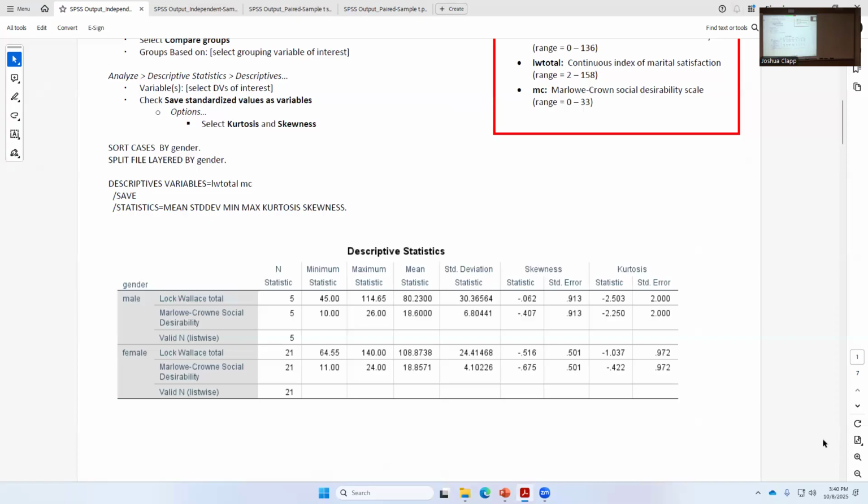But if we also take a look at our samples here, we've got a ridiculously small number in here, right? And we notice that our kurtosis values are negative. What does a negative kurtotic distribution look like? Do you remember? What's the shape of negative kurtosis?